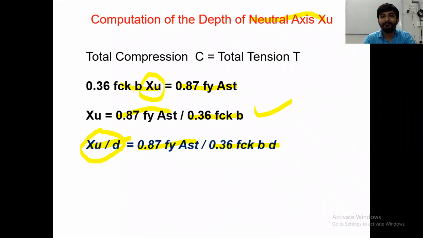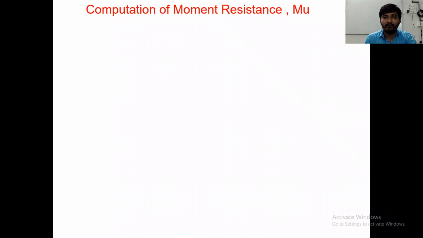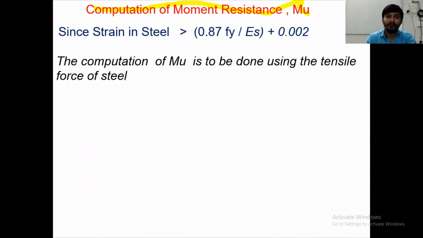Next, we need to calculate the moment of resistance, that is Mu. To calculate that, we have this criteria, right? Since strain in steel is greater than 0.87 fy divided by Es plus 0.002, the computation of Mu is to be done using the tensile force in steel only. Here we are considering that steel will fail first, not the concrete.